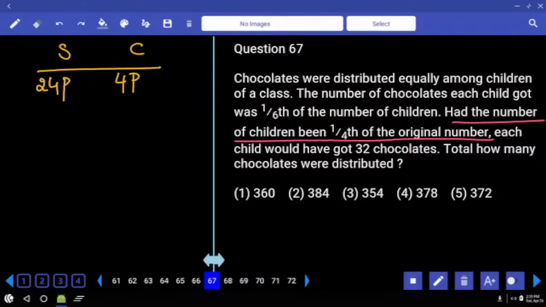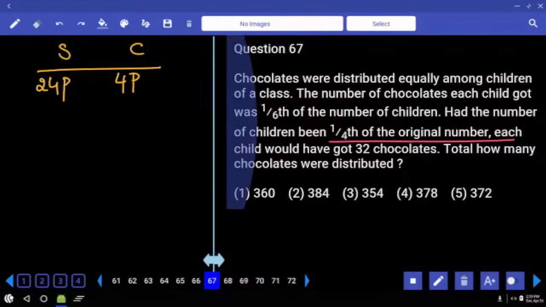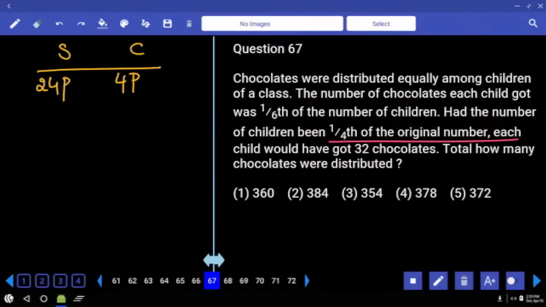Do you understand? If the number of children are 1/4 of the number of original students, 1/4 of this number, 6 parts. See here, 24 into 4, how much is this? 96. So these are the total number of chocolates, right?